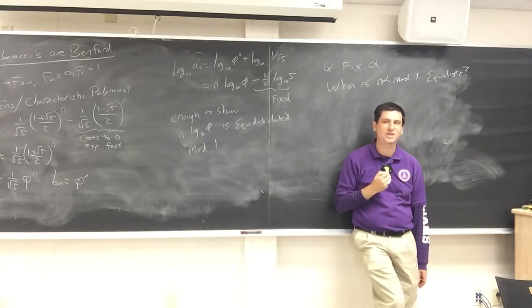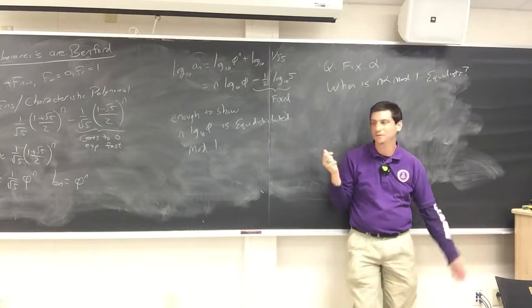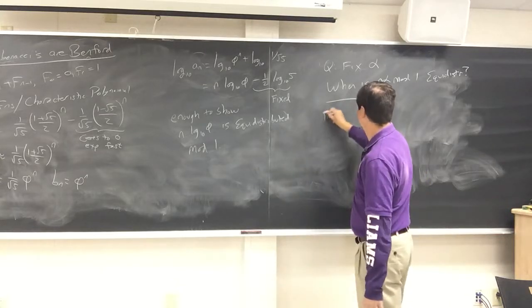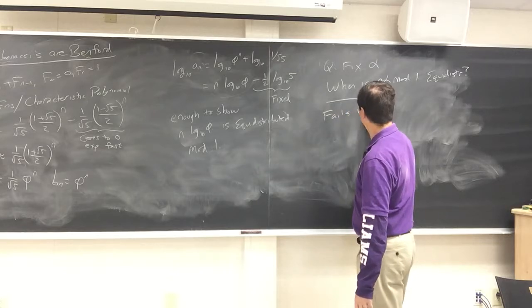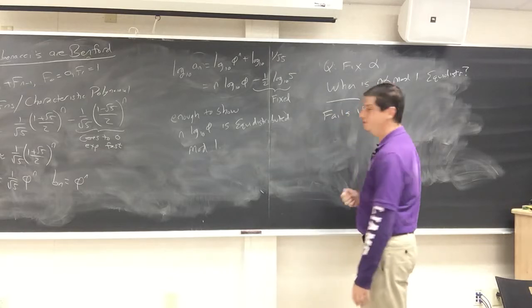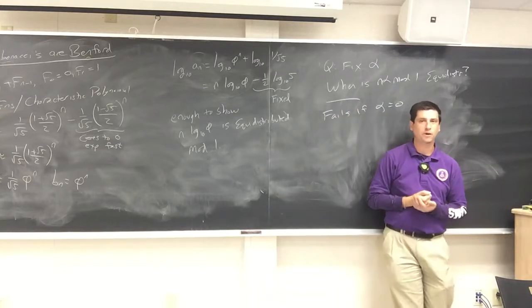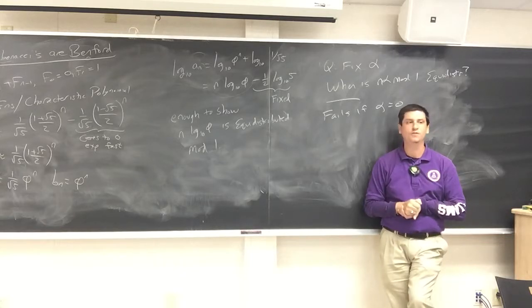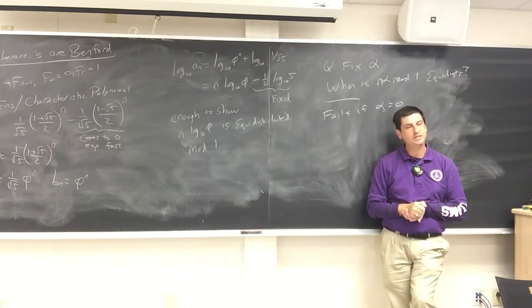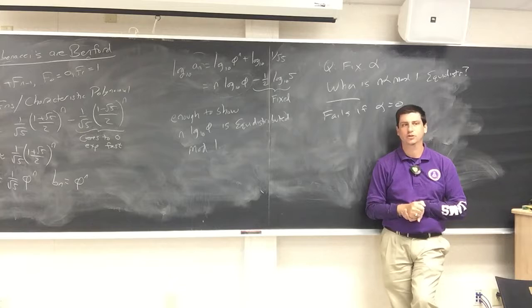One alpha should be screaming at you. 0, right? It fails if alpha is 0. If alpha is 0, every number is 0. Okay, so it can't be equidistributed for all alpha. Is there anything other than 0 that causes failure for alpha?